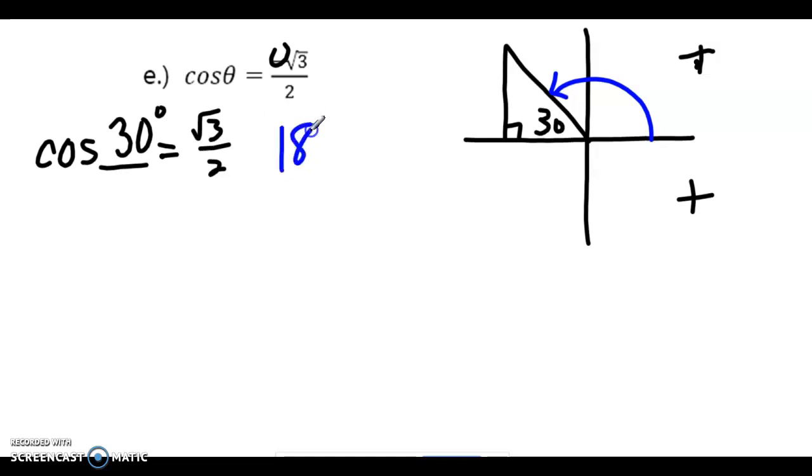We take 180, which would be all the way to the axis, right? So 150 degrees will have a terminal side right here, giving us a reference angle of 30 degrees. And because it's quadrant 2, the cosine of that would be negative radical 3 over 2.